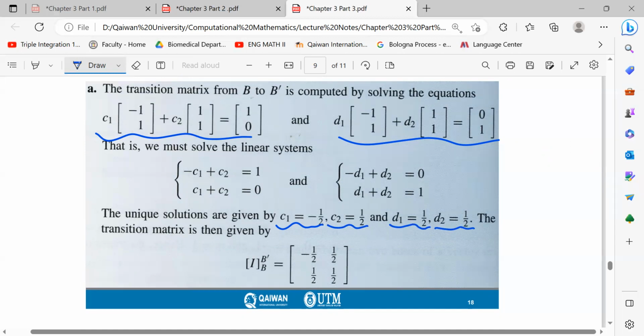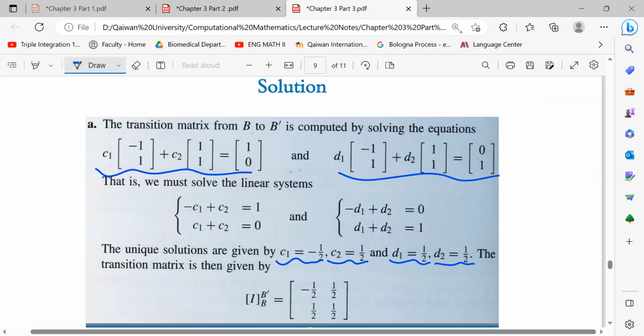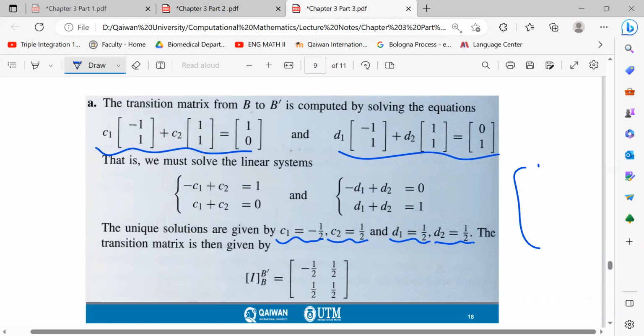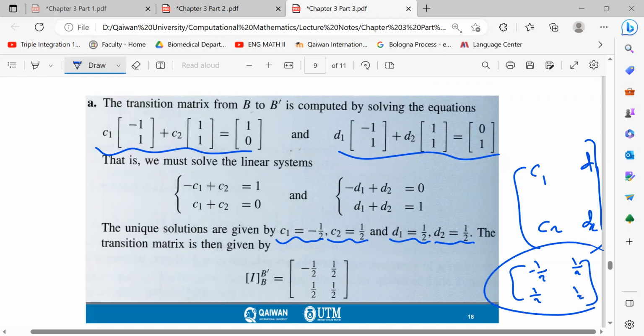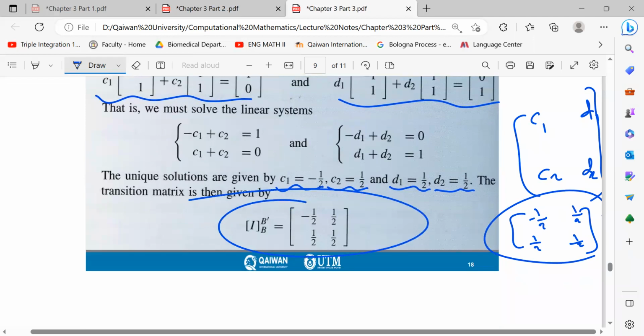Okay, so C1 is negative a half, and C2, D1, D2 are all a half. So the transition matrix is C1, C2, D1, D2. Okay, C1 is minus a half, and all the others are a half. That's it. This is the transition matrix.